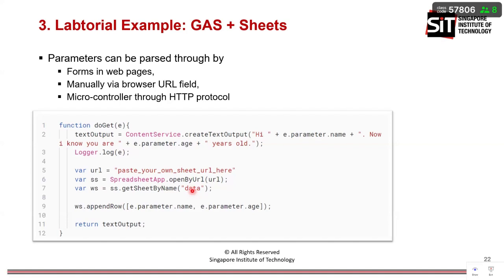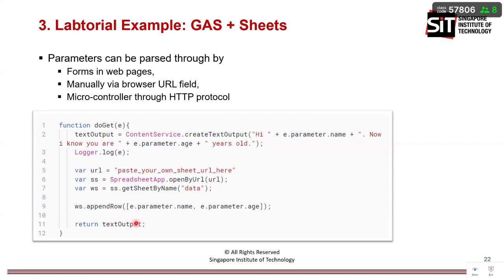How do we store? We know that WS is the worksheet. We use the API function called append. Append means add new rows. So we append a row onto the worksheet. What data are we going to store? We are going to store the name and the age, and then return all these things.